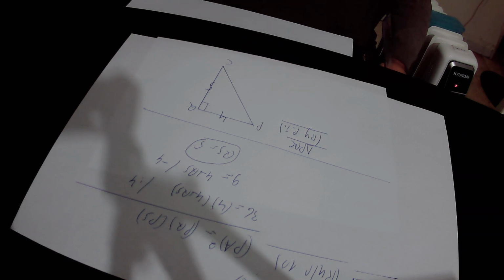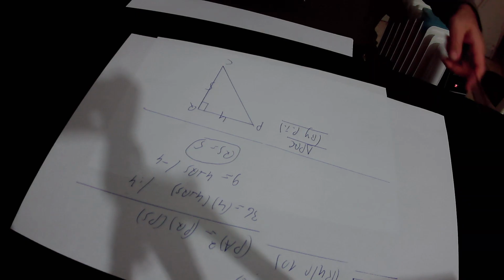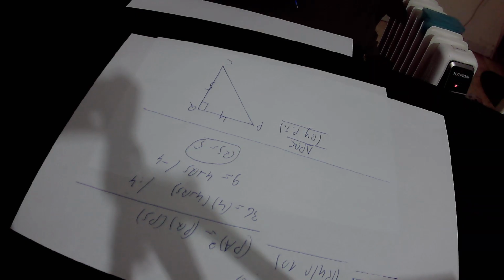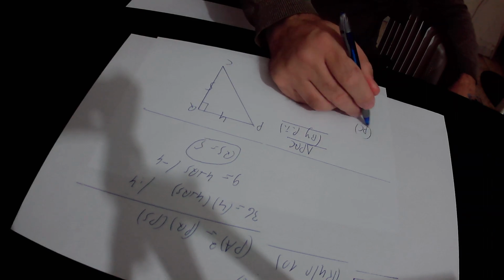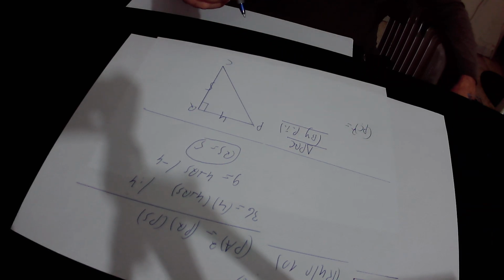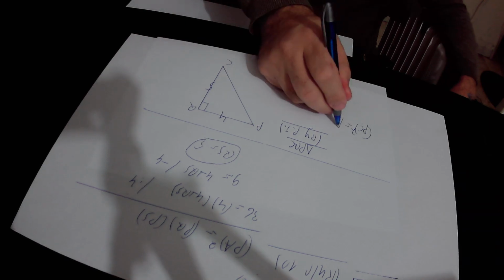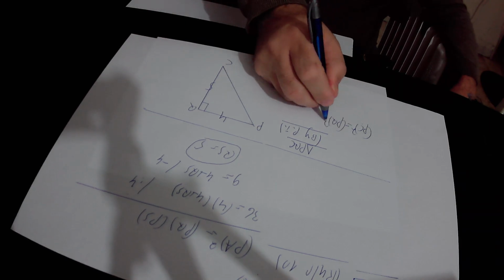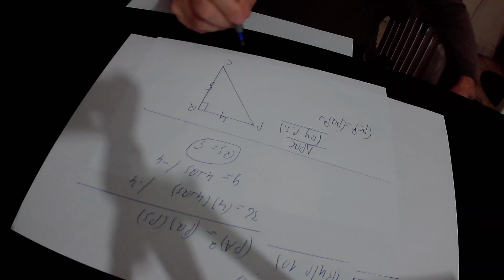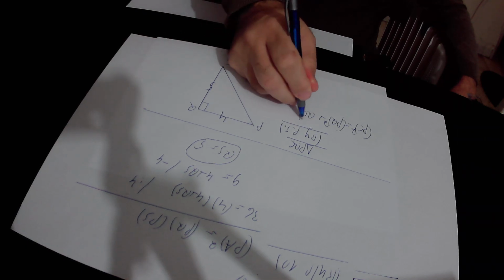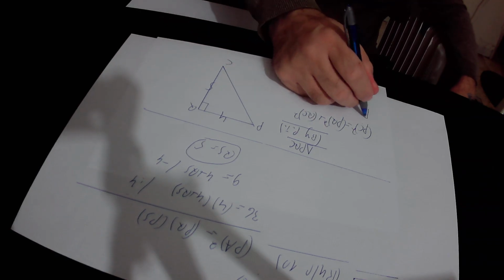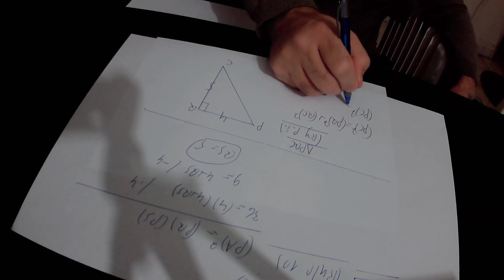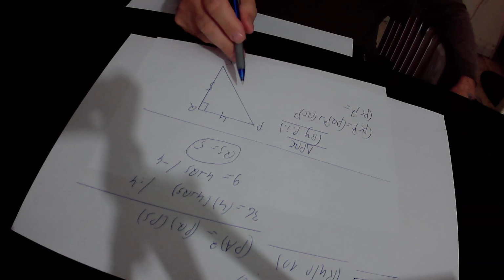Here we apply the Pythagoras theorem. According to the Pythagoras theorem, in any right triangle, the square of the hypotenuse equals the sum of the squares of the perpendicular sides. That is to say, PC square equals PQ square plus QC square. So PC square, that is the square of the hypotenuse, equals PQ square.